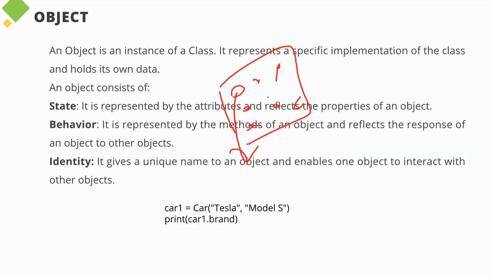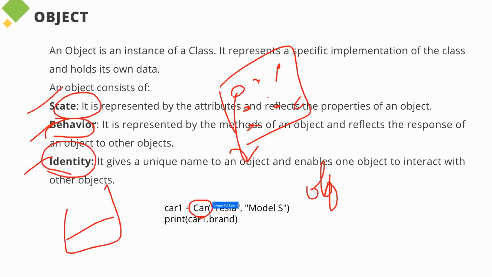So how to create an object? Just like a function, by initiating with parameters. This is my class car and I am giving the parameters. What were my parameters in the previous slide? You see, brand and model. These are the parameters, and I am creating a new object car1. If you want to create another one, I can also create car2.